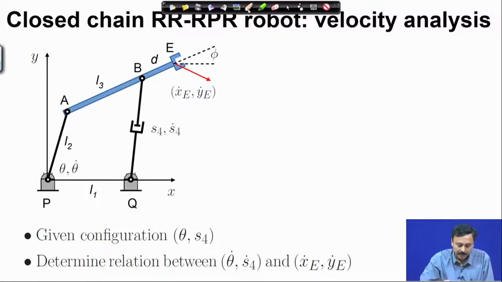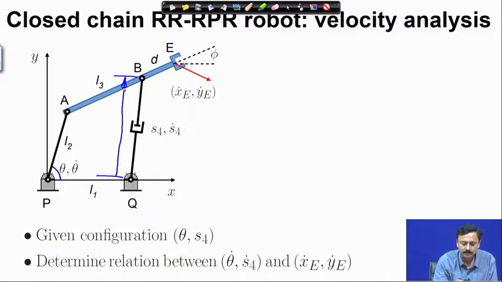So, in this manipulator the configuration is specified by this angle theta and the extension of this prismatic pair, which I have called S4. So, theta and S4 specify the configuration of the manipulator.